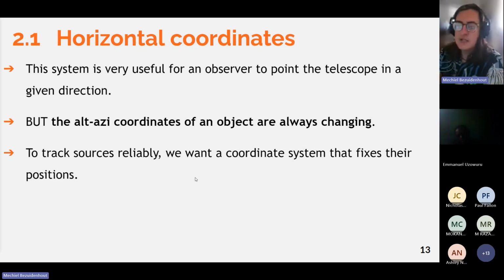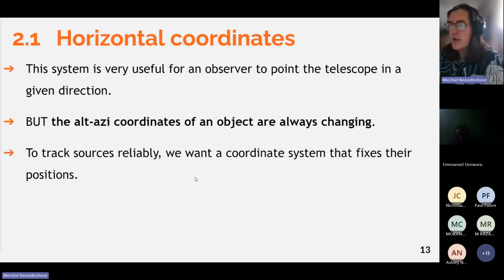And that's bad if we want to track sources or to communicate to another observer at a different telescope to say, look at these coordinates, you will see this star. If you give them altitude-azimuth coordinates, they won't know what you're talking about. They won't see the same object.